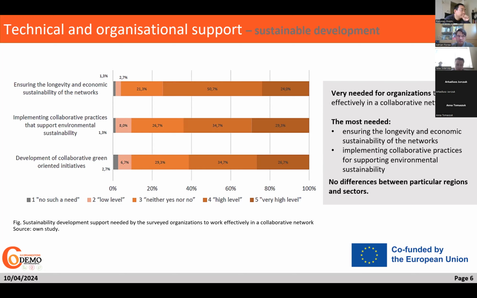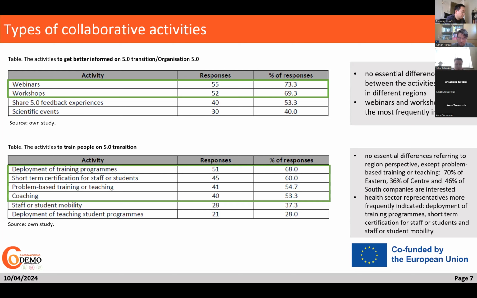There were no essential differences between the activities indicated by the respondents from different regions to get better informed on 5.0 transition. The most frequently indicated activities were webinars and workshops.